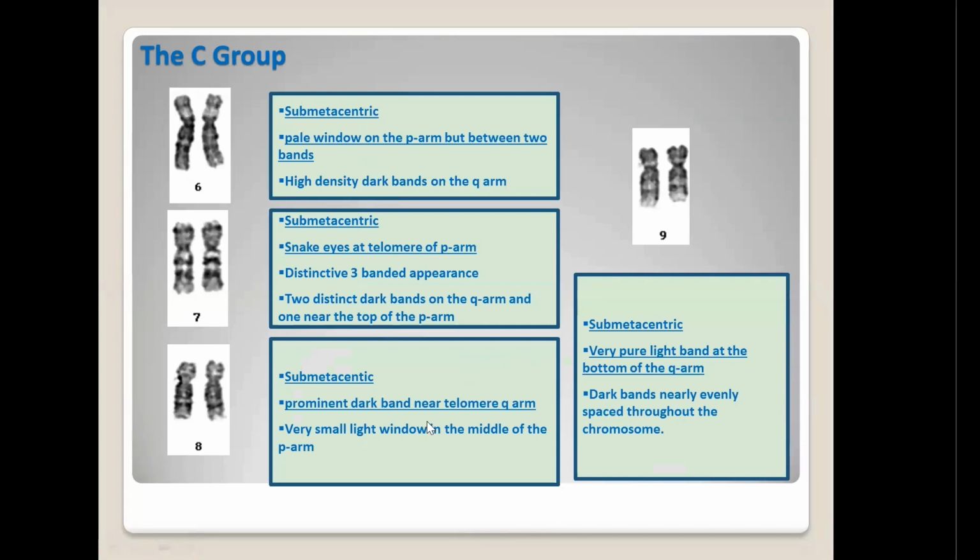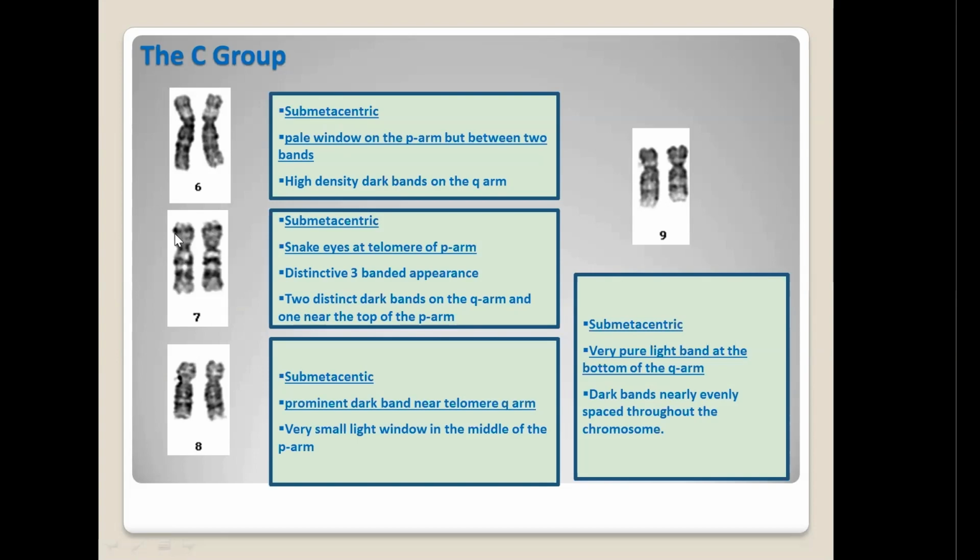But in chromosome 6, it is not terminal. It is present between two dark bands. And also, there are high density dark bands on the Q arm. So that is its identity. Then comes chromosome 7. It is also submetacentric. The main identity of this chromosome is the presence of snake eyes.